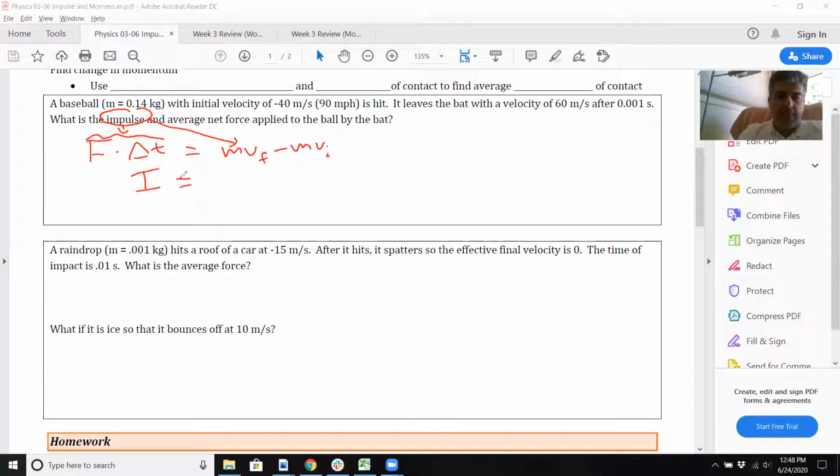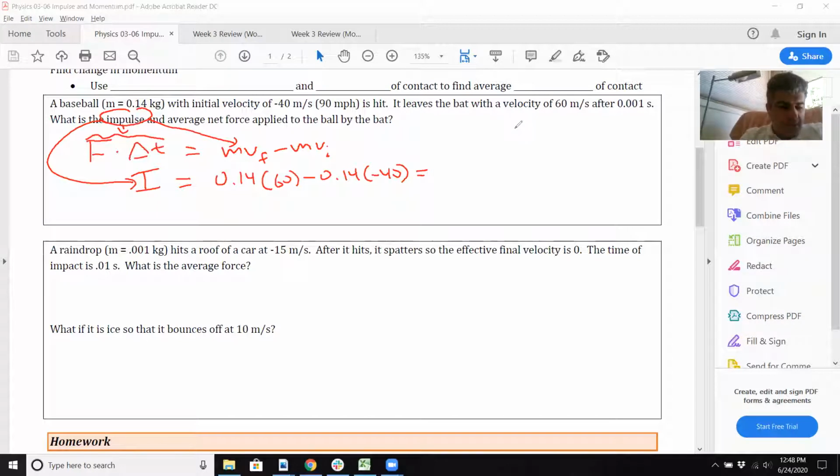Let's use the letter I for impulse. So it's going to be your mass times your final velocity minus your initial velocity. And we tend to give the units as a Newton times second, or you can use kilograms times meters per second. That's the standard unit for impulse or momentum. So yeah, we just plug in your calculator, work it out, and you should get 14 as the answer.